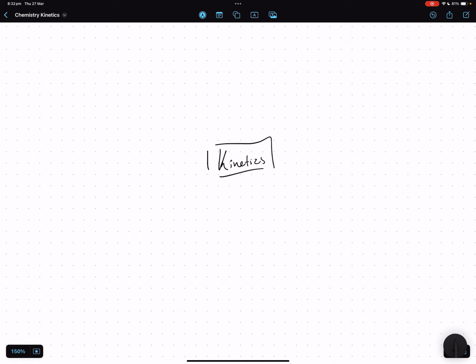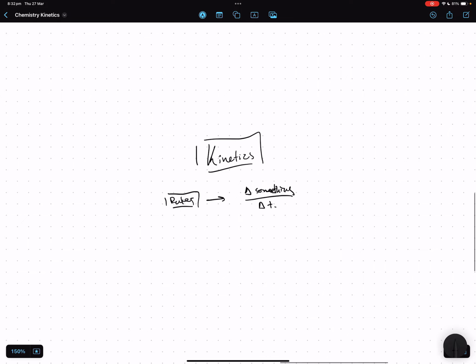So kinetics really is the study of rates. That's the most important thing. So it is the change of something over a change in time.